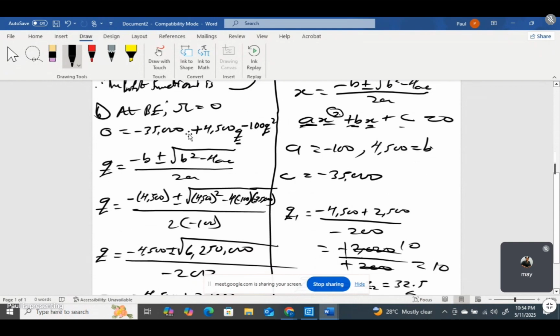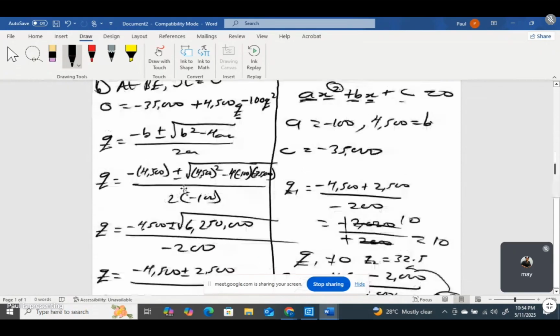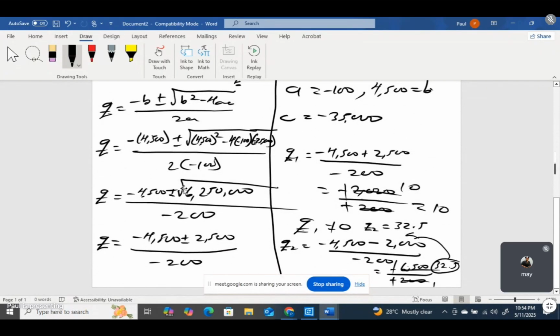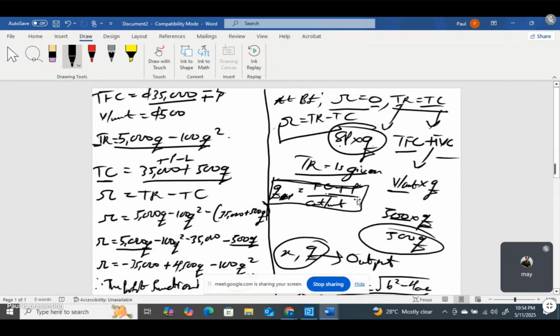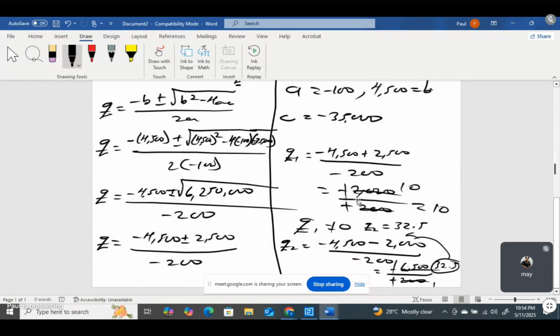B becomes 4,500 because it is the coefficient of Q. And C is the constant number, or the fixed cost, so it becomes negative 35,000. Please, do you understand? All these are normal mathematics. When you go over it again, you would understand.